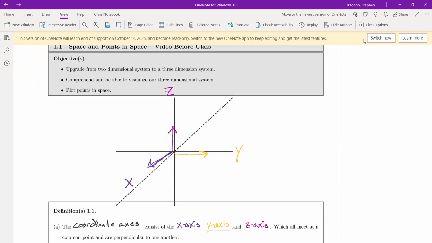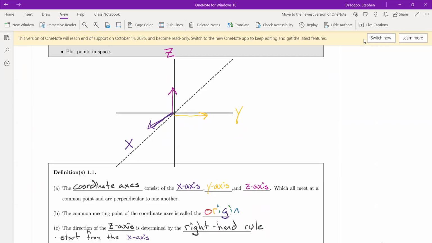So again, we're jumping up to the three-dimensional coordinate system, which means we're going to add a z-axis to our usual x and y. So it makes space instead of a plane. Three dimensions are like what we walk around in, roughly.